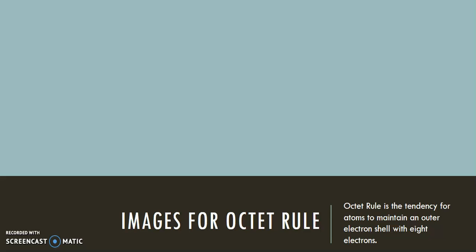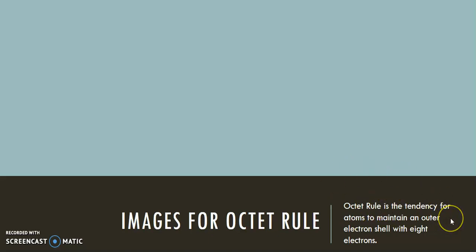All right, A&P1 students, in this video we're going to focus on just one of our learning objectives for Chapter 2, and it's the octet rule. Down here I have the definition of what the octet rule means as it applies to our atoms.